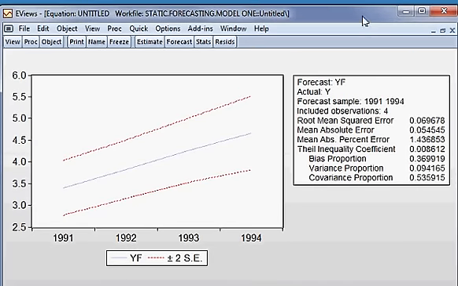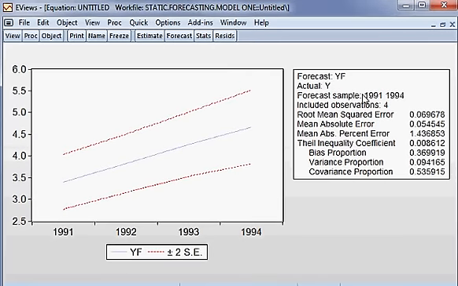There are many methods to evaluate our forecasting model, such as root mean square error, mean absolute error, mean absolute percentage error, Theil inequality coefficient, and all these things are to evaluate the forecasting model.